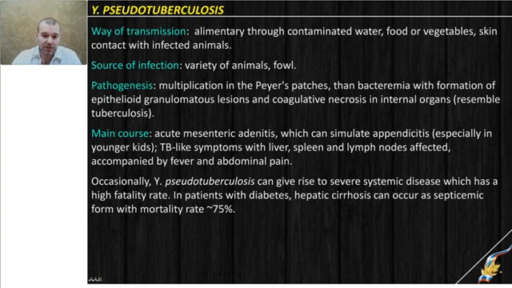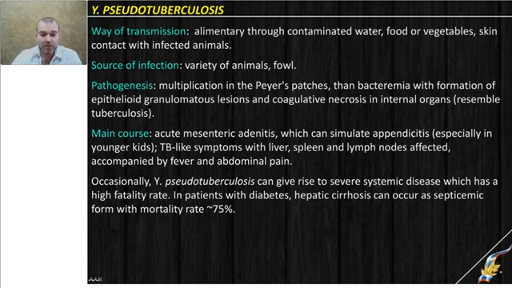If lungs are affected, then it can have symptoms like TB: low-grade fever, constant cough without any pus in sputum. If lymph nodes of the spleen or liver are affected, then it can have other symptoms, some abdominal pain and others.